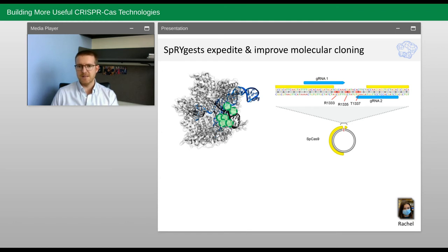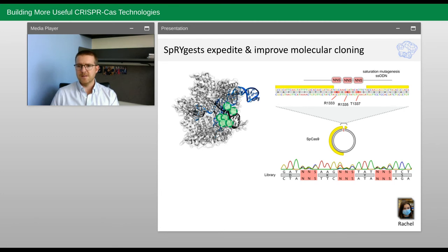These amino acids are some of the ones that I showed you earlier that we varied historically to try and change the PAM requirement of Cas9. By linearizing the Cas9 plasmid at these positions, you can then order from IDT, for a few dollars, an oligo that encodes these degenerate nucleotides. So we can essentially do a saturation mutagenesis of parts of Cas9 enabled by this approach.